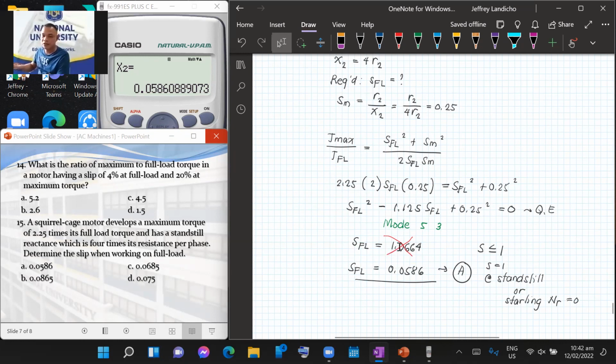Pero practically and theoretically speaking, kaya kahit ibigay ito sa choices, so hindi siya pwedeng maging sagot. Kuha ba? Okay? So, any question regarding that?